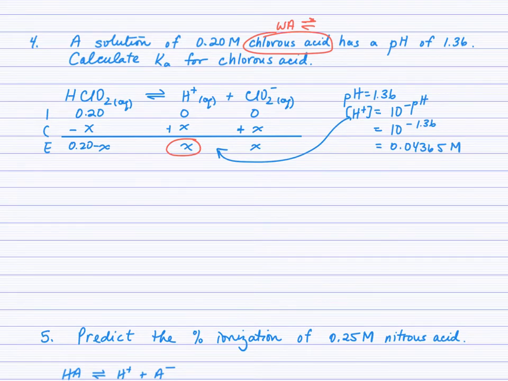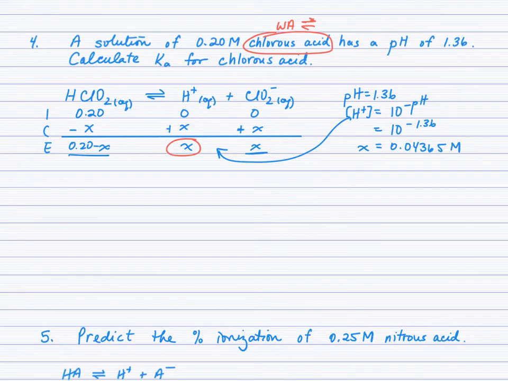then I realize that I'll be able to determine X right here from the hydrogen ion formula. And so I realize that this is the value now for the hydrogen ion concentration, which is X, and that tells me that's also going to be the concentration of the chlorite ion, and I'll be able to calculate the equilibrium concentration of HClO2.